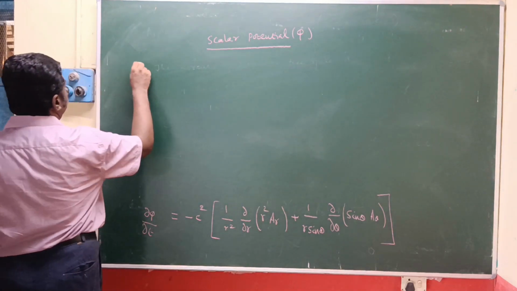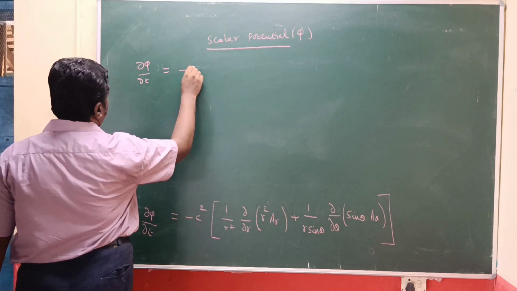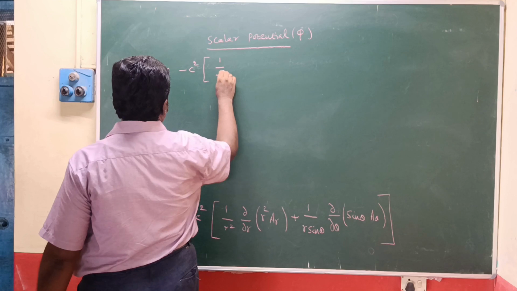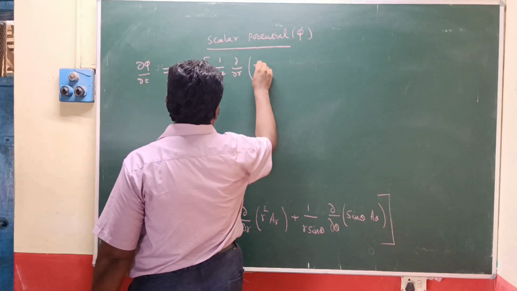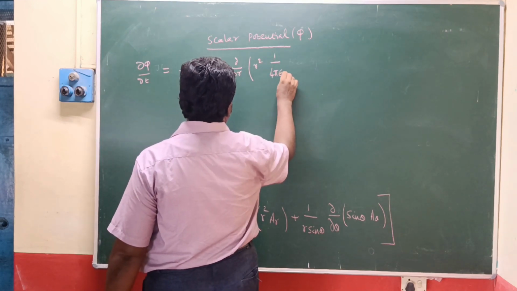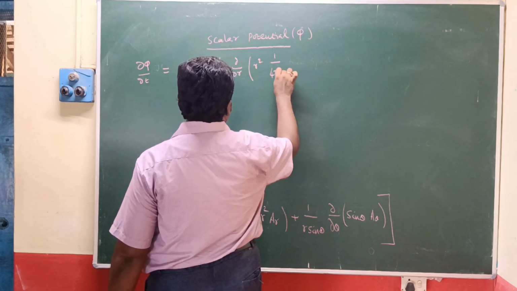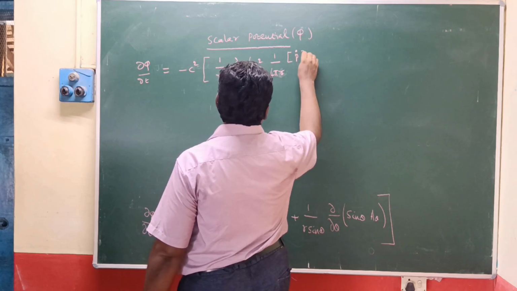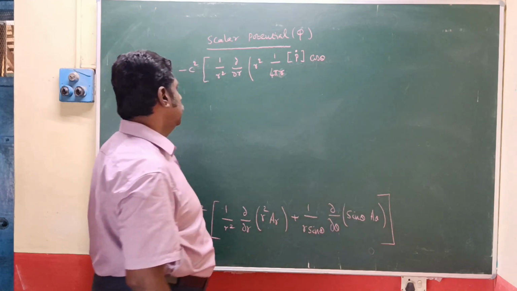So dou phi by dou t is equal to minus c square into 1 by r square dou by dou r of r square into A_r. The A_r value is mu naught divided by 4 pi r, P dot into cos theta.